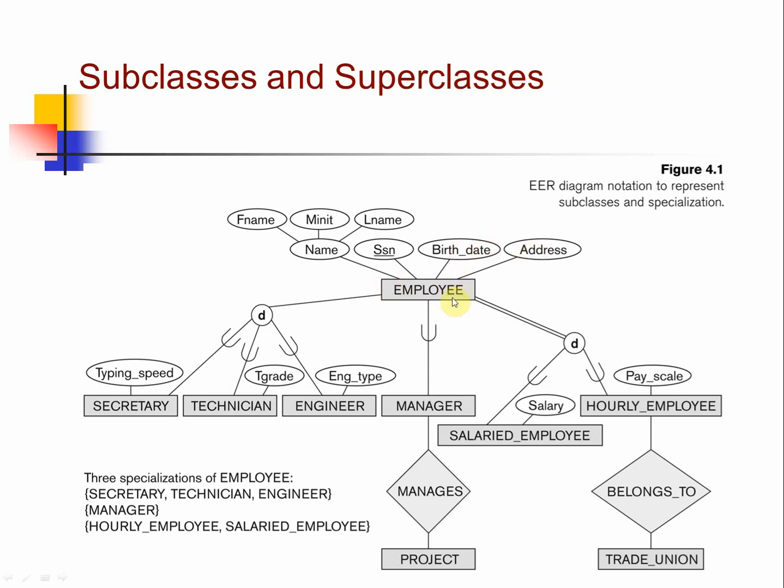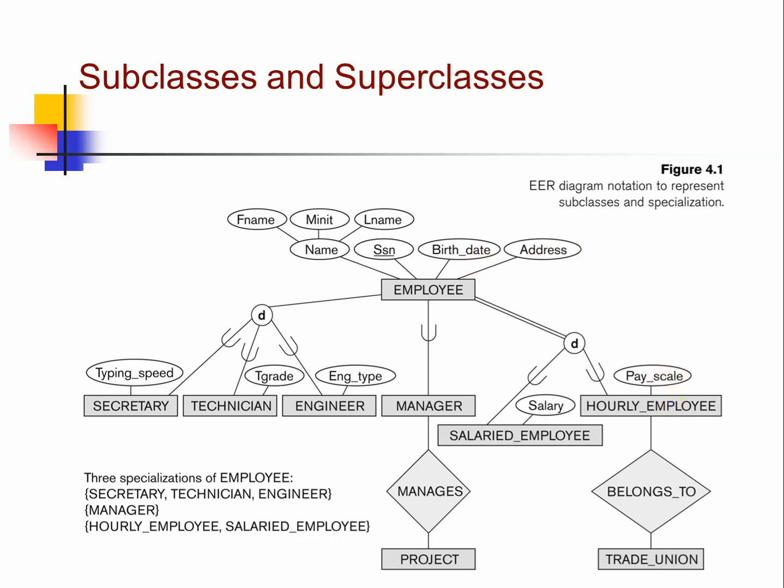So all the attributes in the superclass will be inherited by the subclass. So the secretary has 1, 2, 3, 4, and 5 attributes describing the secretary. If I'm asking what are the attributes describing the hourly employee, then they are name, social security number, birthday, address, and pay scale.